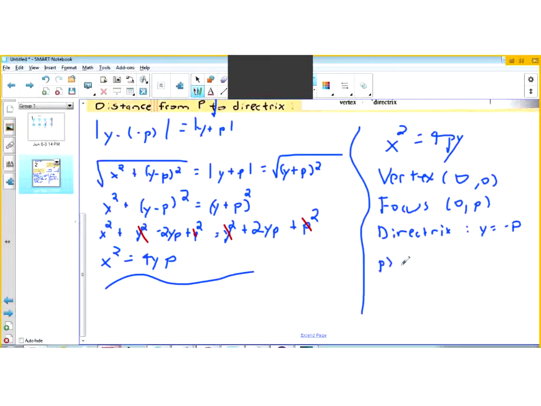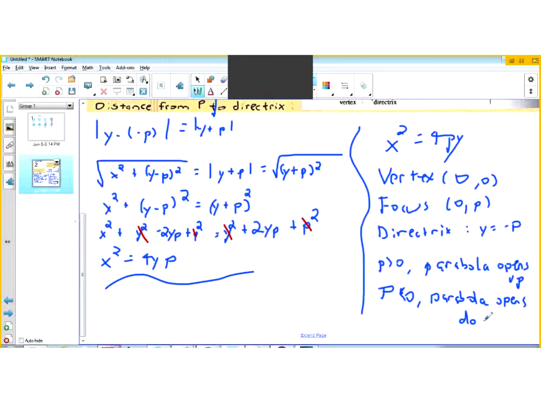If p is greater than 0, the parabola opens up, and if p is less than 0, the parabola opens down.